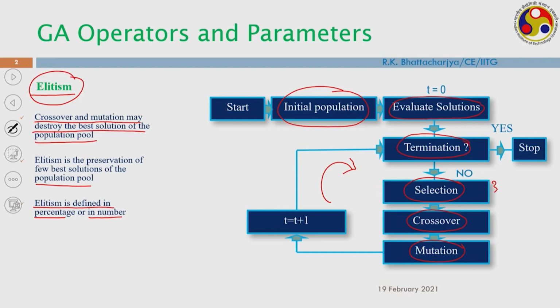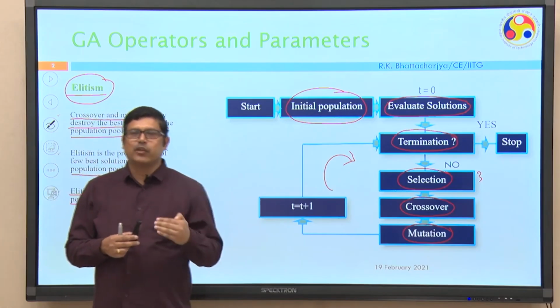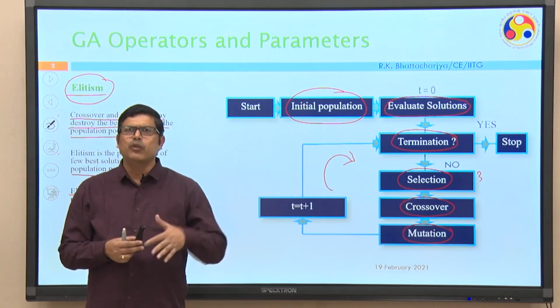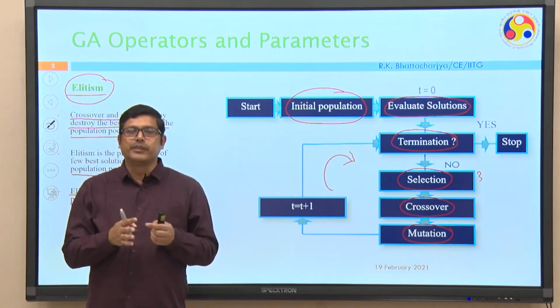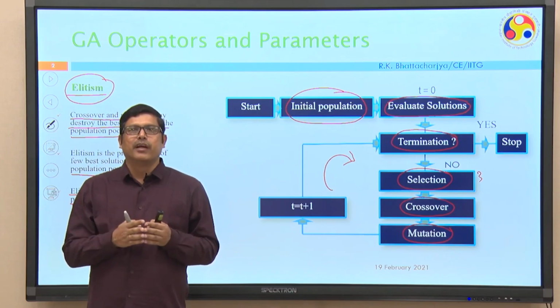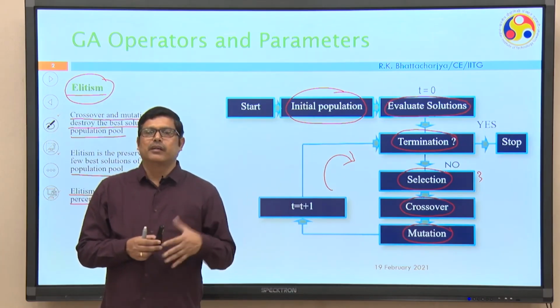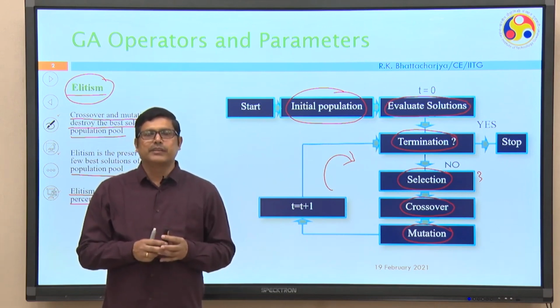may destroy that solution. So, apart from the selection operator, the crossover operator and the mutation operator, we should also use elitism, just to preserve the better individuals so that they are not destroyed by the crossover and mutation operator. I hope this is clear.